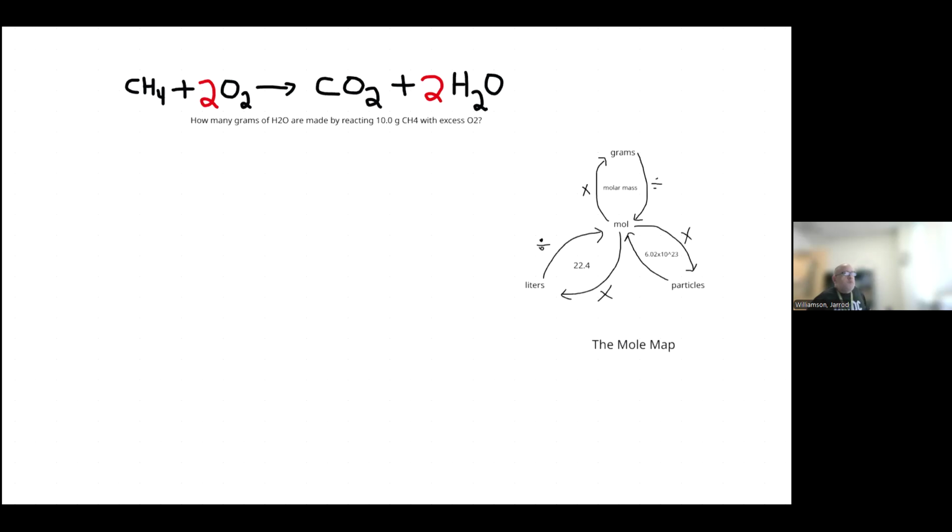I'm going to do a chemical reaction problem that includes both the mole map and a balanced chemical equation. Here I've got a balanced chemical equation, CH4 plus 2O2 makes CO2 plus two waters.